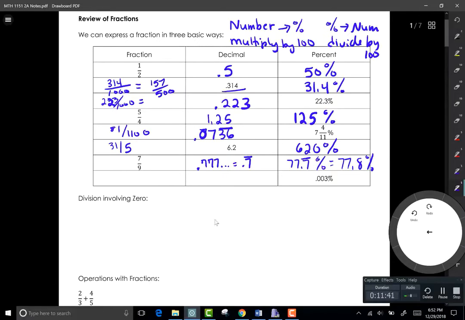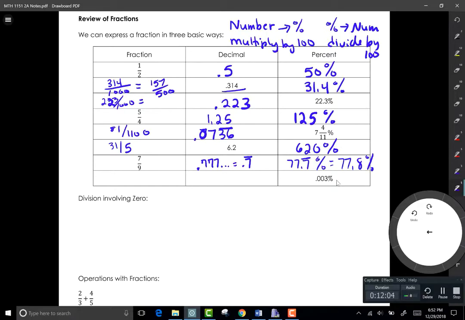Okay, the last example to review fractions, decimals, and percents. I have a percent, and it looks like it's in decimal form because I have the 0.003 there, but the percent in front of it means it's not in decimal form. It's a percent. So to go from a percent to a number, I have to divide by 100.